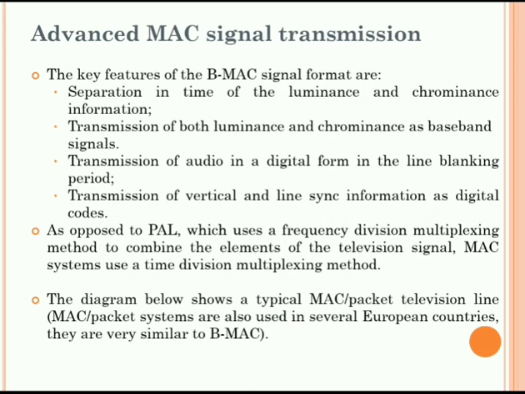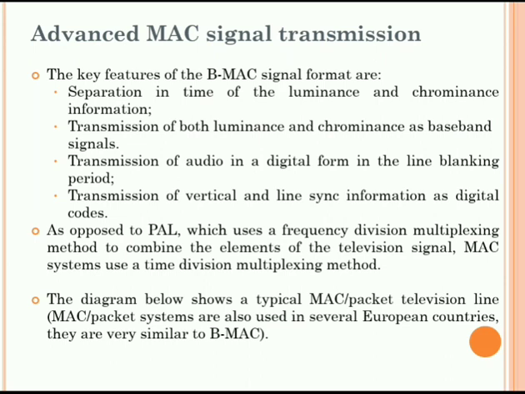This is as opposed to the PAL system, which uses a frequency division multiplexing method to combine the elements of the television signal, that is the video signal and audio signal. The MAC system uses a time division multiplexing system.